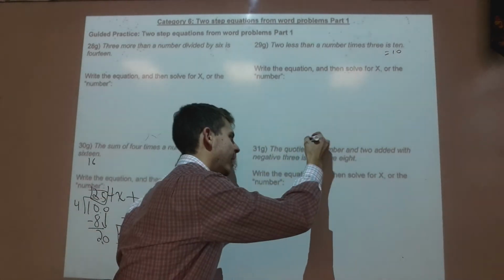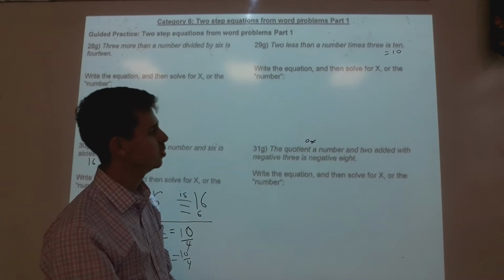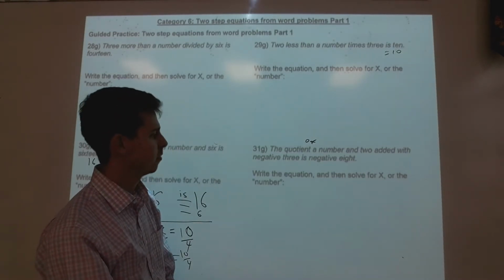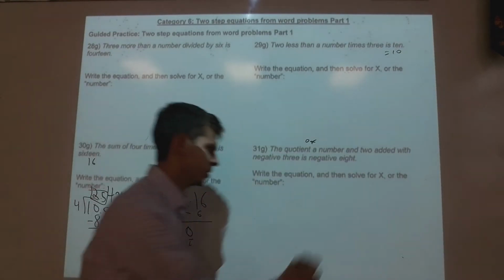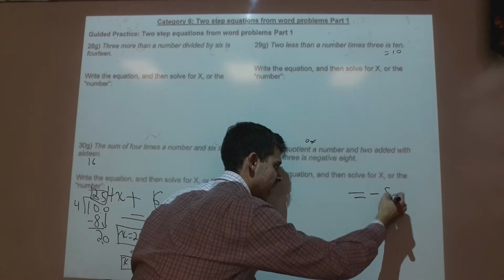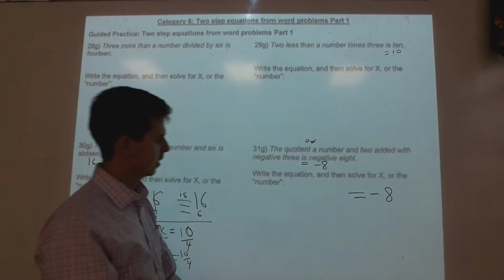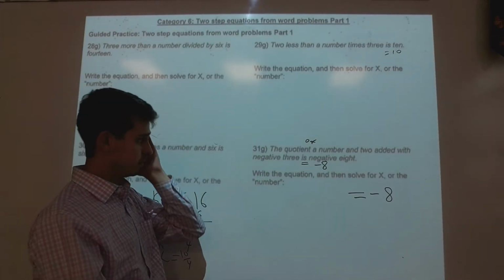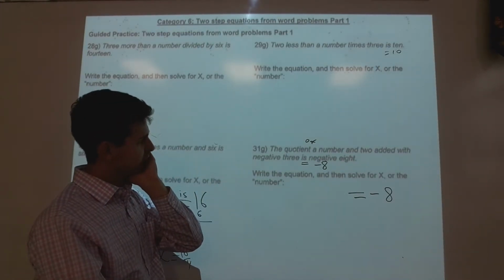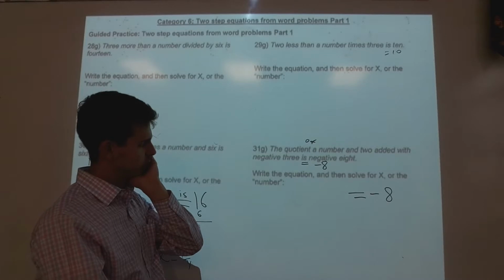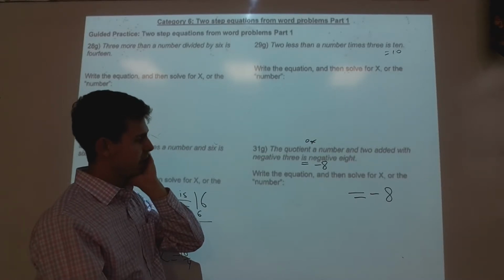The quotient of a number and 2 added with a -3 is -8. So it's going to be is -8. Is -8. So the quotient of a number and 2 added with -3 is -8.